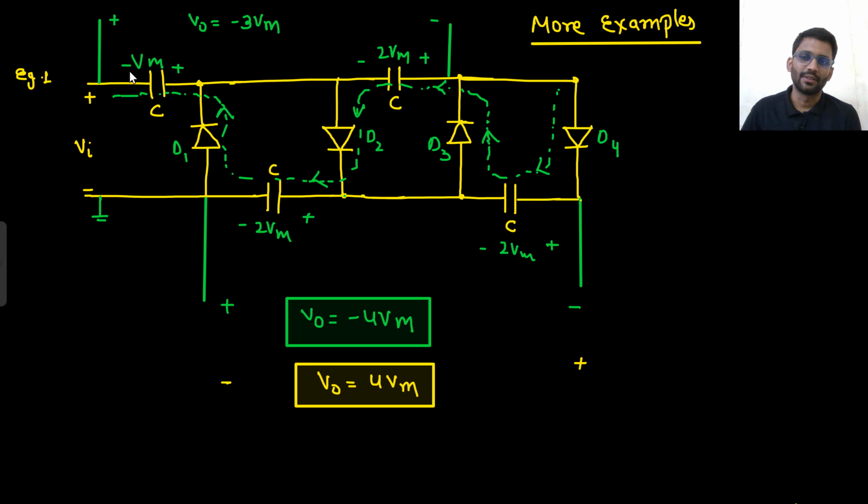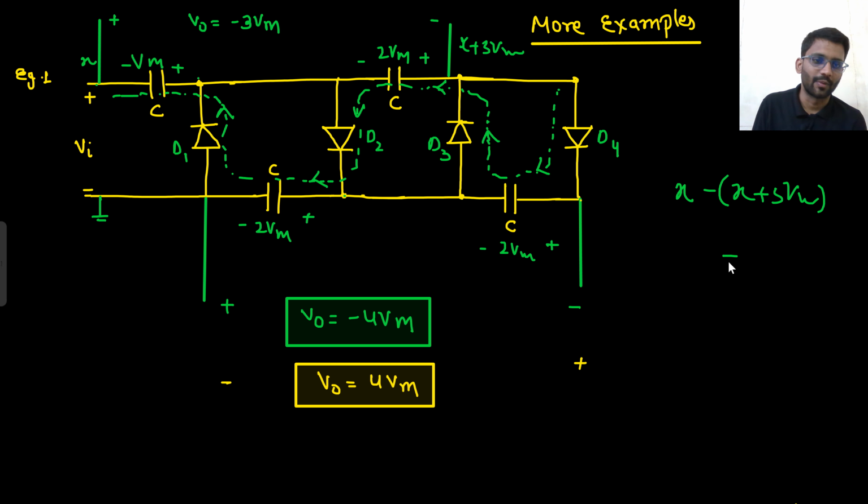Right? Because whatever potential it is, you can assume it is x potential. So this is x plus 3 Vm and this potential is x. This is my positive, so x minus (x plus 3 Vm) is negative. So my potential would be minus 3 Vm.